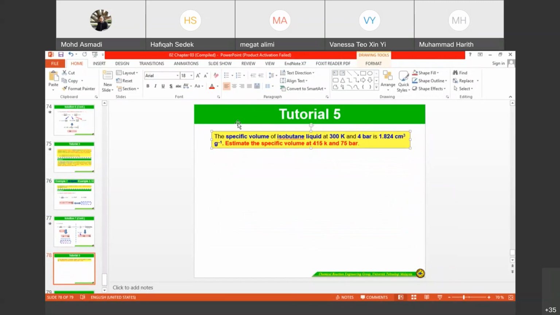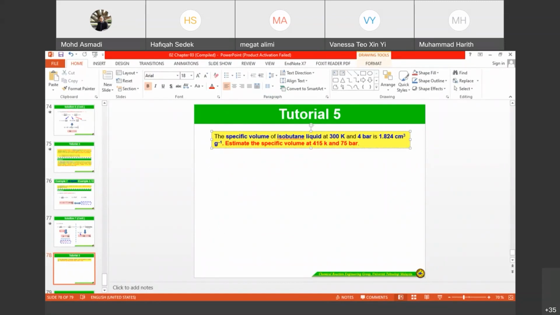The specific volume of isobutane liquid at 300 Kelvin and 4 bar is 1824. This is the liquid volume. Estimate the specific volume at 415 Kelvin and 75 bar.